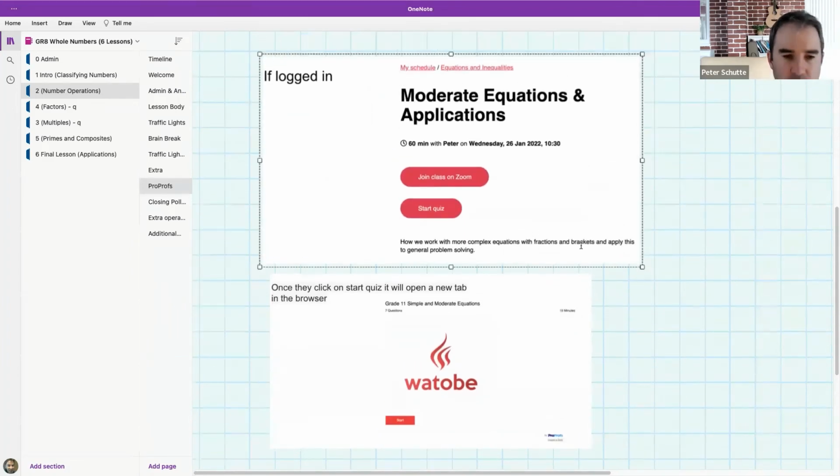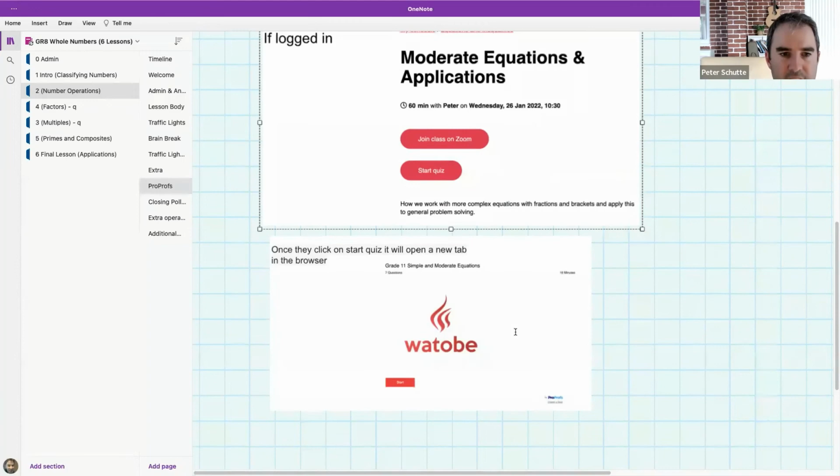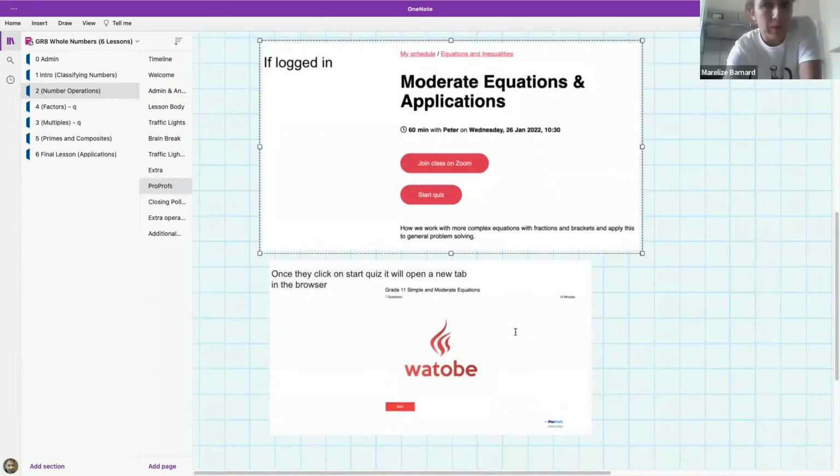Okay, sorry. So students, if you could try and go back to the page that they came in on this lesson from, the main lesson page, where they saw these two buttons, join class on Zoom or start quiz, that'll be awesome. So when you're ready, everyone will click on start quiz. Thank you, Marlies.